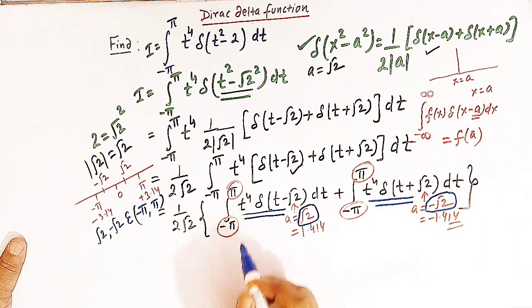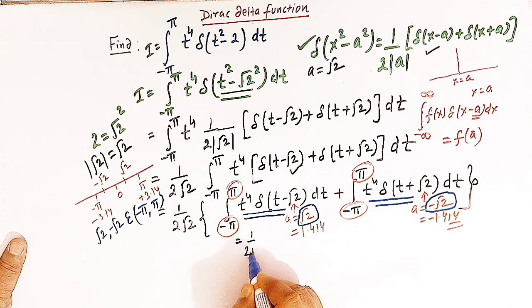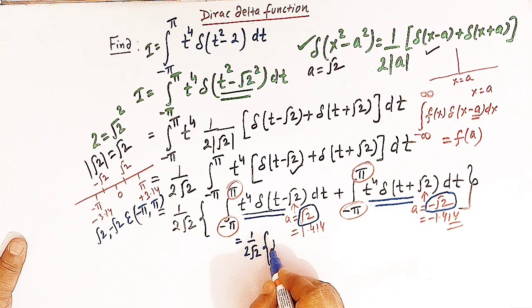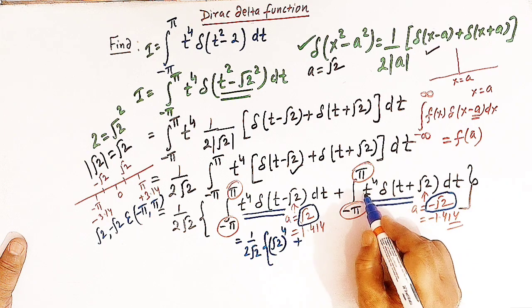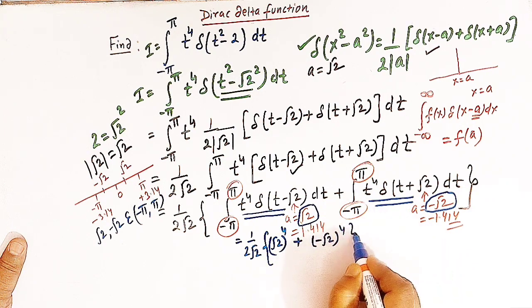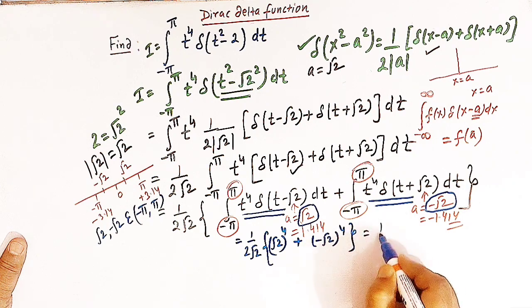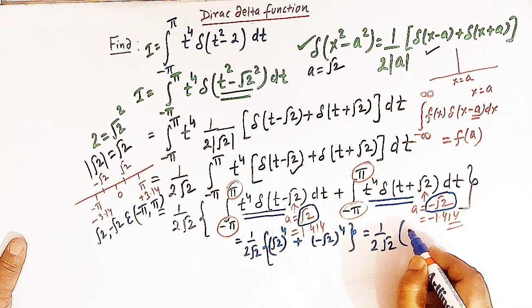So now the value of this entire expression can be written as 1 over 2 root 2, and here the value of this integral is root 2 raised to 4, and then here we have minus root 2 raised to 4, right? So we have 1 over 2 times square root of 2, and the fourth power of square root of 2 is equal to 4, right?